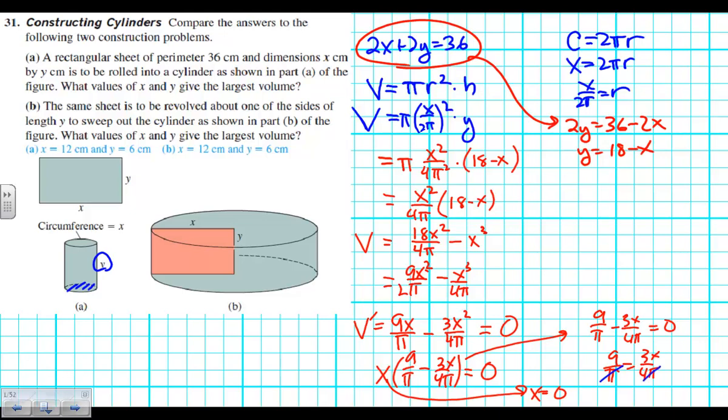And if I do the rest of the cross multiplication, I get 12 for x. And if x is 12, that means y is going to have to be 6 based on that equation. So part A is done.